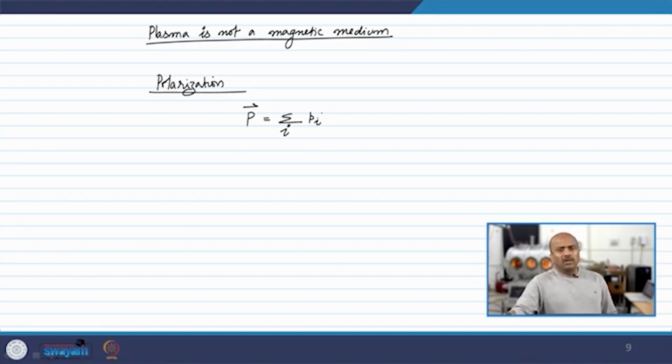If you have an atom, with electrons revolving around the nucleus, and you have a very strong electric field, the electron cloud may shift or be attracted towards a particular direction, and as a result, the positively charged nucleus and the negatively charged electron cloud can constitute a small electric dipole, right. Since these electrons are not coming out, this dipole can be considered bound, and it will constitute a bound charge density, which is sigma b.